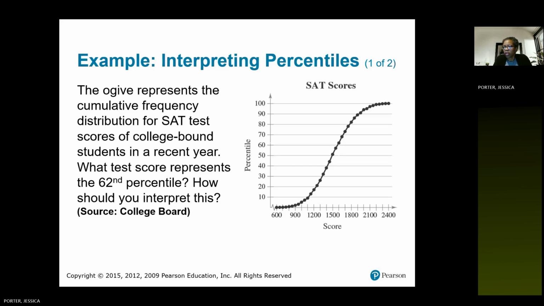All right, so we have an ogive chart. It is used in statistics to show cumulative frequencies. How we read this: the scores are along the x-axis and the percentile is along the y-axis. What test score represents the 62nd percentile?